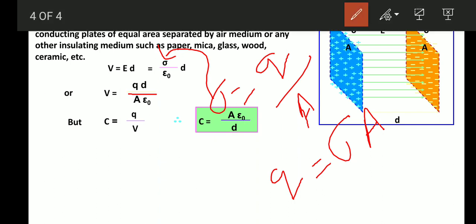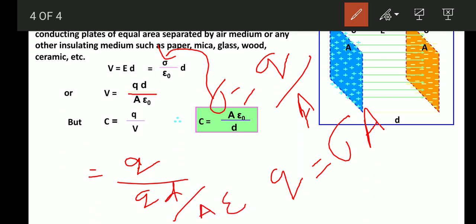See that you have a Q value, so C is equal to Q divided by, what's the value of V? QD divided by A epsilon naught. This denominator will become reciprocal.